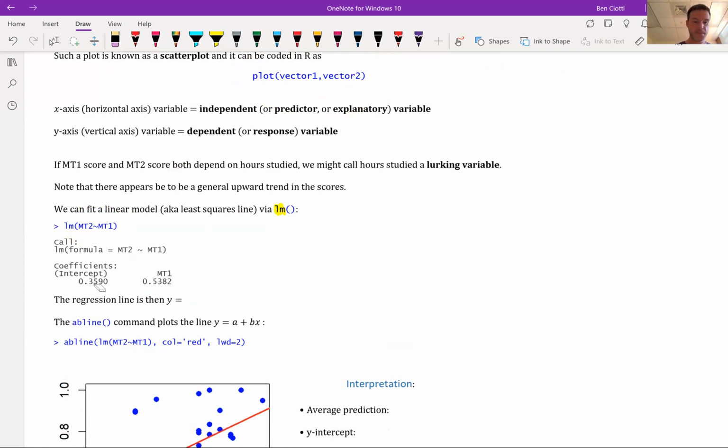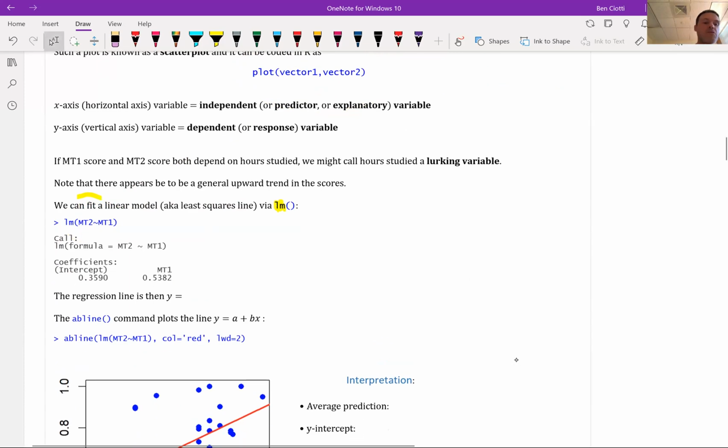So the output of the linear model command in R are the two coefficients, the y-intercept and the slope. That tells us what our regression line is. It's the line y equals 0.3590 plus 0.5382x, right?